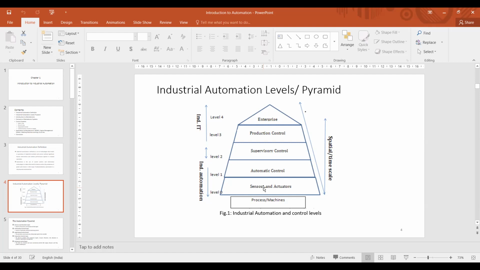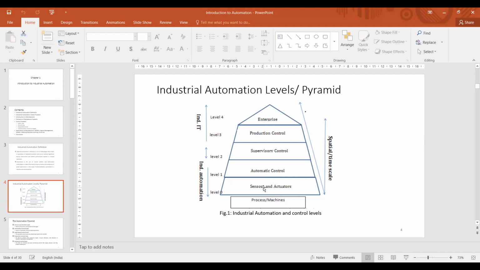If we take the example of sensors, they collect data even for a microsecond or a millisecond. If we collect data for 1 minute, the sensor will give us lakhs of values, whereas automatic control may give you 10 to 12 values.